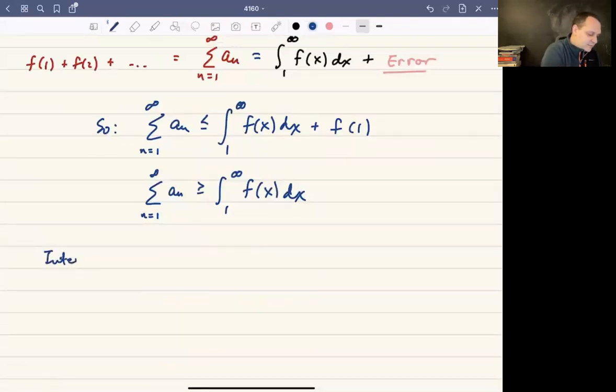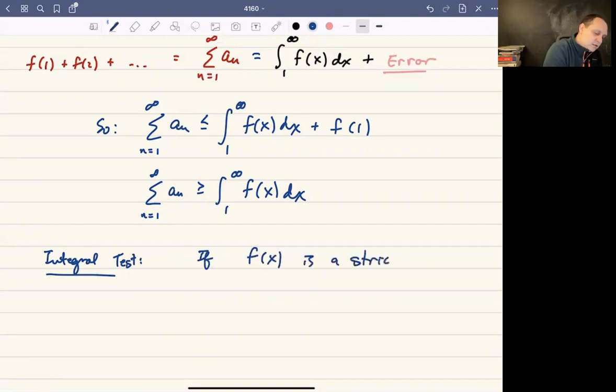and this is the integral test. Okay, so the integral test says that if f is a strictly, actually it doesn't even have to be strictly, if it's a monotone decreasing function, so if it's monotone decreasing, I've defined that for sequences but not functions, but it's the same idea, it's just a non-increasing function, if you like.